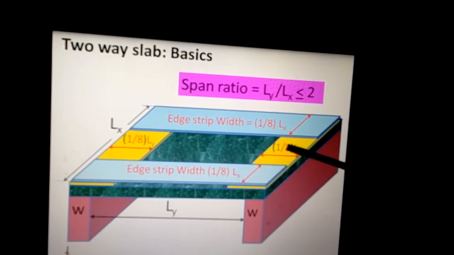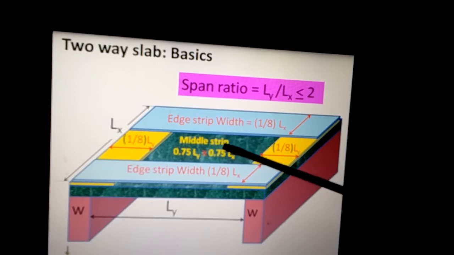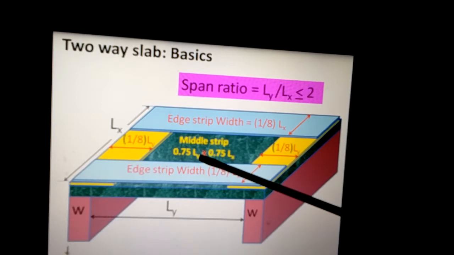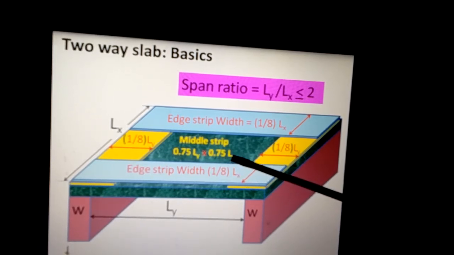So you can see here all along the four edges of the slab there are edge strips having a specific width, and the central portion of the slab which is left out is known as middle strip, that is the 0.75 Ly in this direction along Ly and 0.75 Lx in Lx direction.